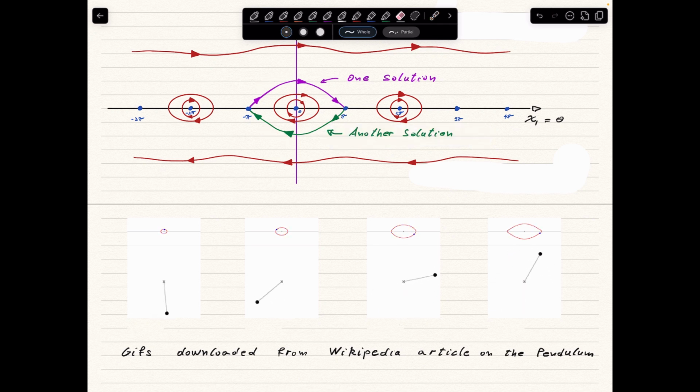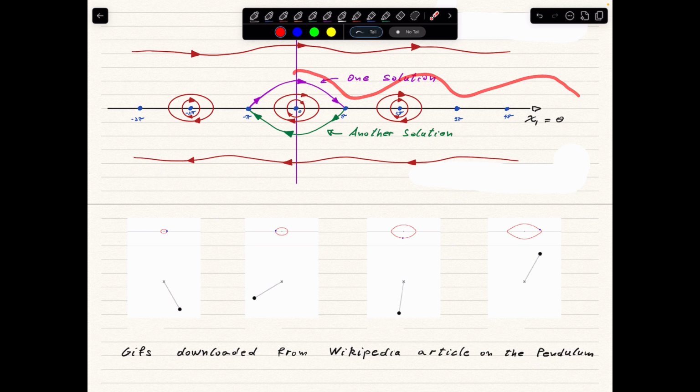And then this is one solution when the pendulum is oscillating. Here there is no oscillation. It goes to the top and stops. And then what happens when we have more velocity than that and we are here? Well, then the pendulum does something like this.